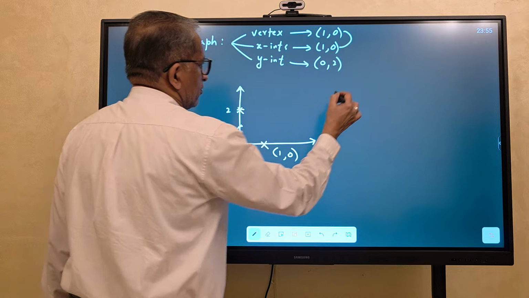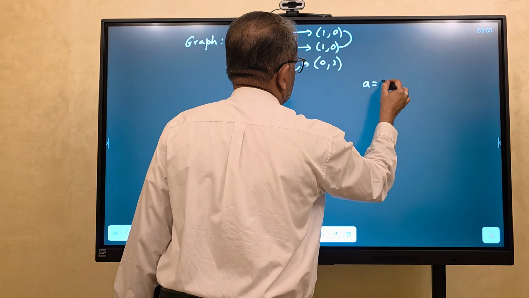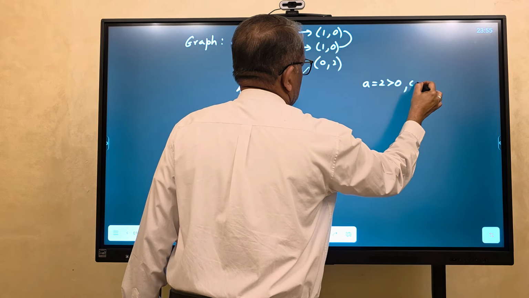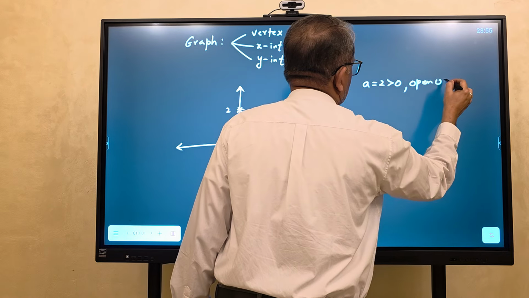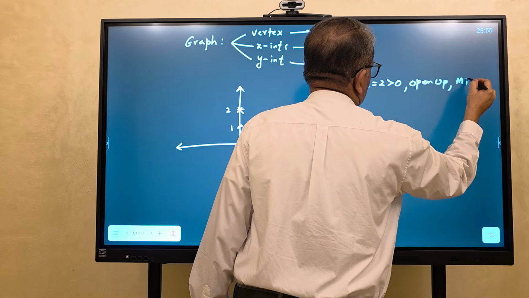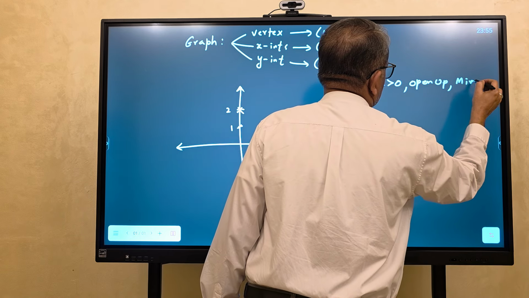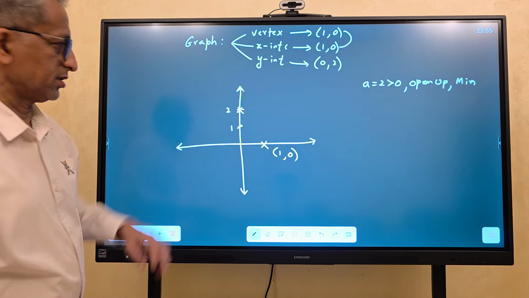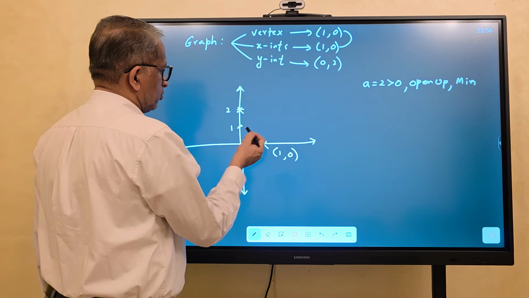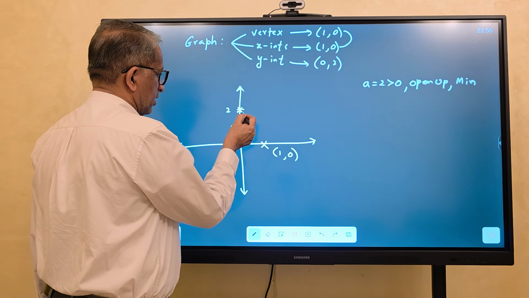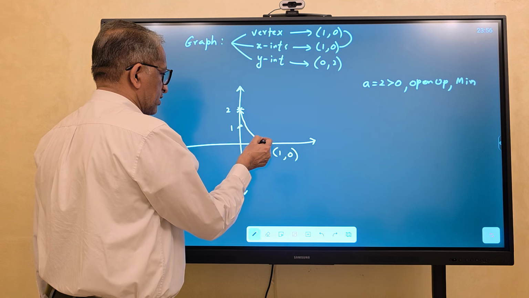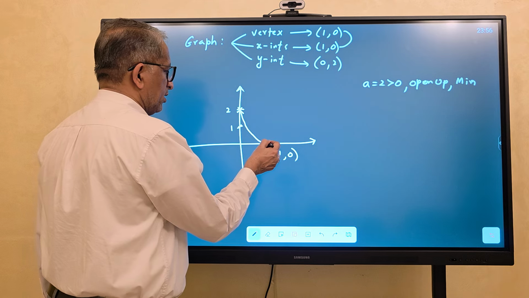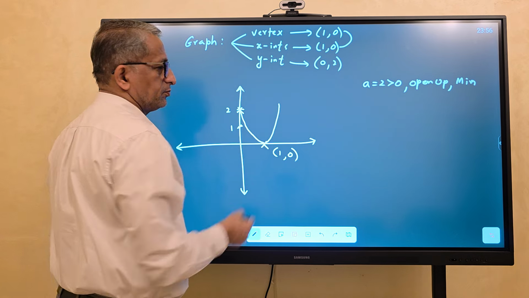Okay. Now what is A here? A is 2, which is positive. That is, it opens up. Don't forget that. So therefore I have these 2 points. You see, it starts from here. Then we have this, this is the minimum. Then from here it goes up.